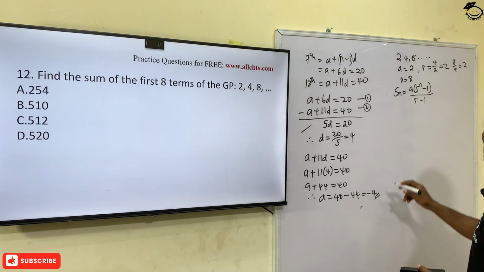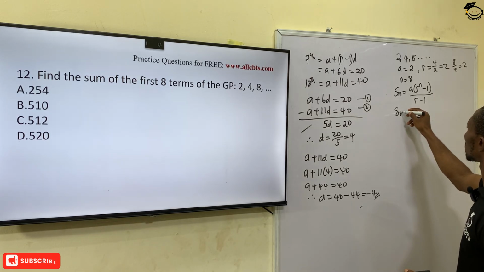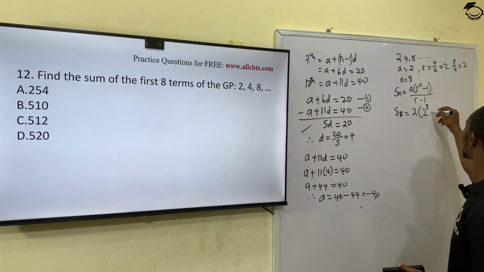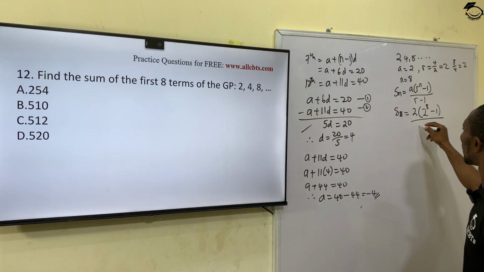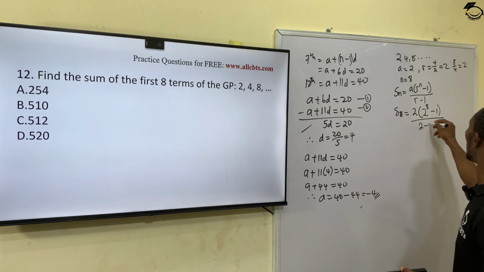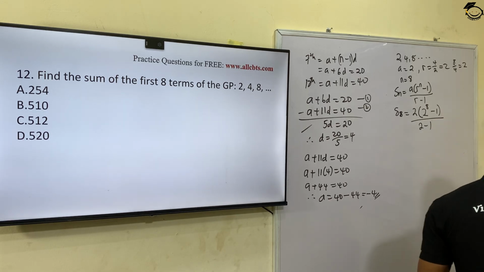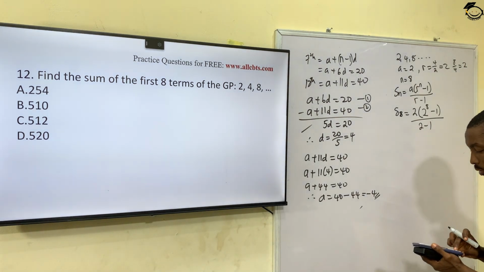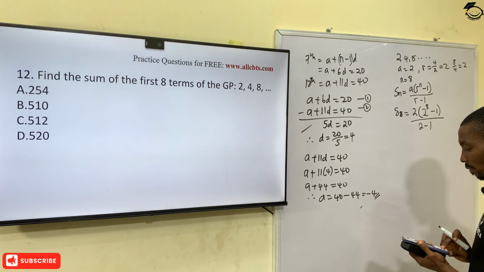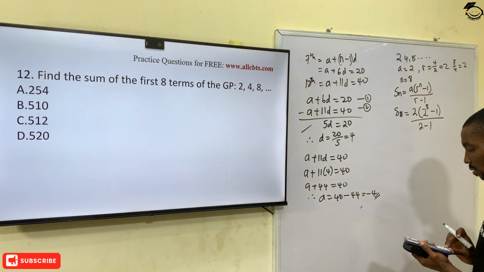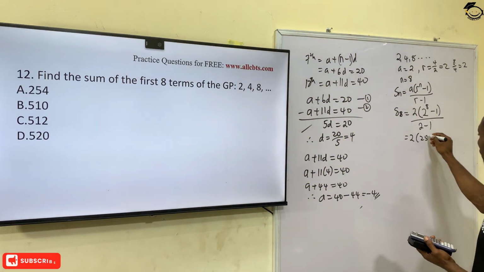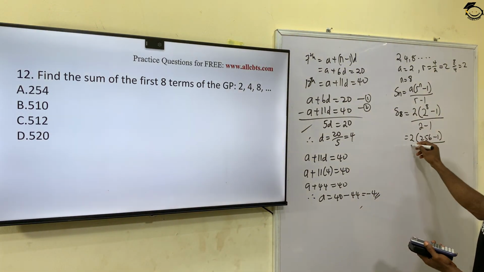So this becomes S8 equals A, which is 2, times (2 raised to power 8 minus 1) all over 2 minus 1. So 2 raised to power 8 would give us 256, minus 1, all over 1.